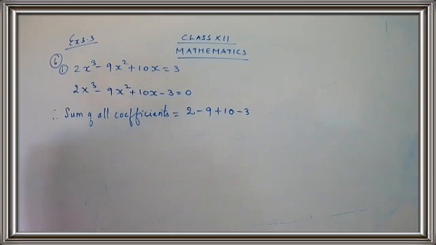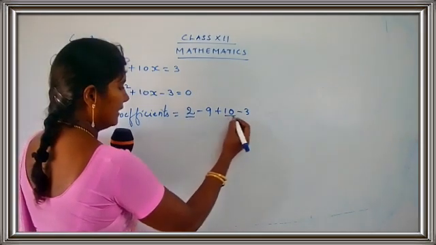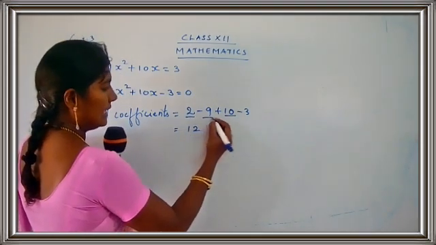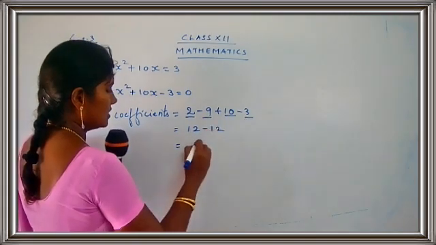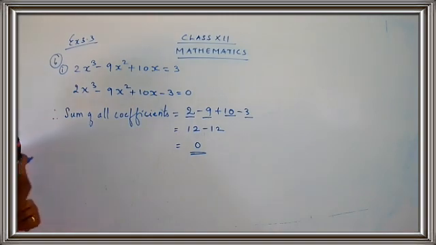Let me add the positive numbers first. I'll add 2 and 10, that gives me 12. I'll take the negative numbers, minus 9 minus 3, that's minus 12. So the answer is 0. Yes, I got the answer. We are successful in the first step itself. So we found the sum of coefficients to be 0.